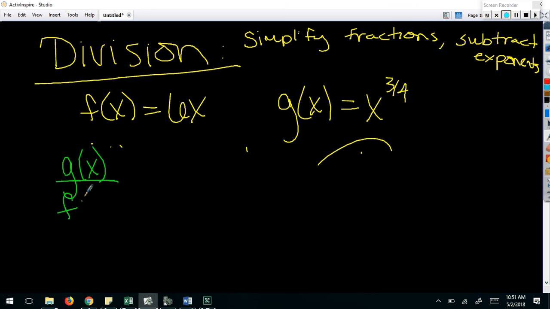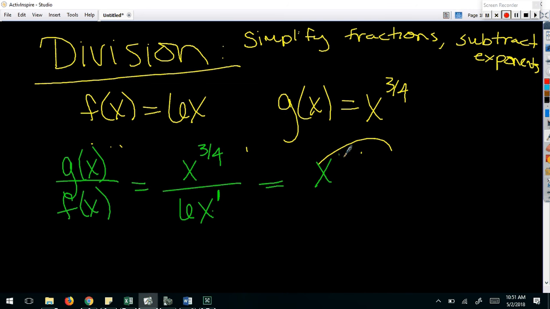So I'm going to take x to the 3/4 over 6x. So now what is 3/4 minus 1? Negative 1/4. So anytime you subtract, you stay up top. The 6 is still down in the bottom.